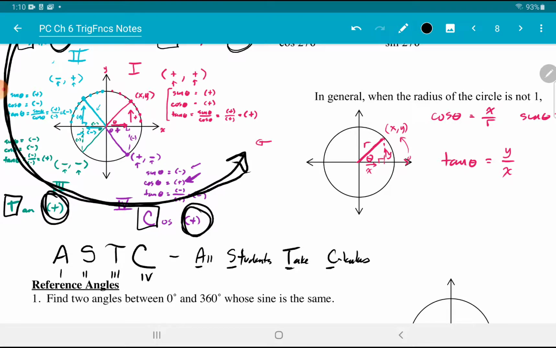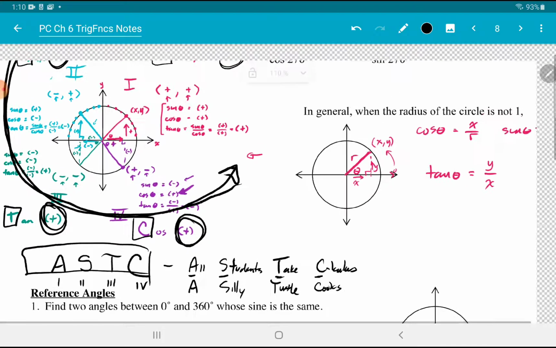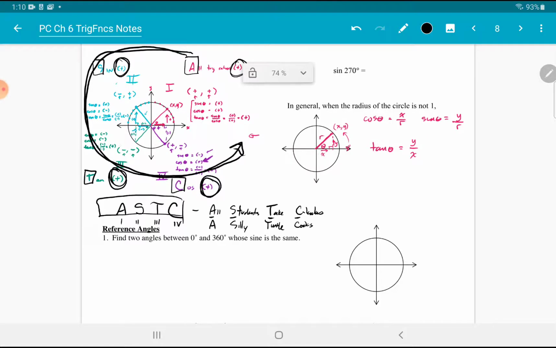In previous years, some students have given other mnemonics that help them memorize it. Some have said "A Silly Turtle Cooks." You can make whatever you want, but the idea here is just to remember the mnemonic ASTC, and that'll help you remember that depending on which quadrant you're in, your trig ratio will be positive or negative.